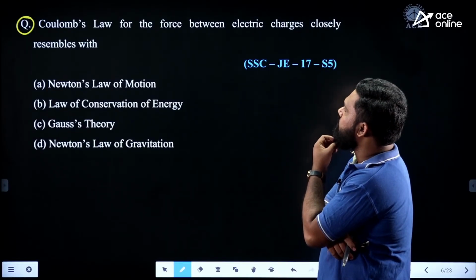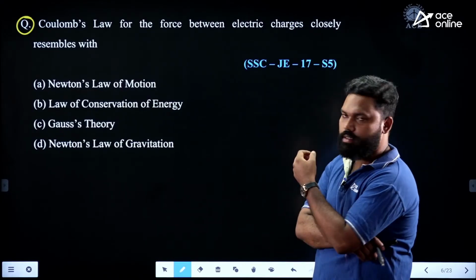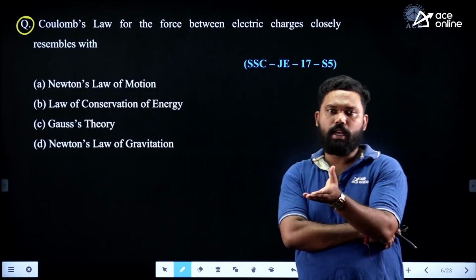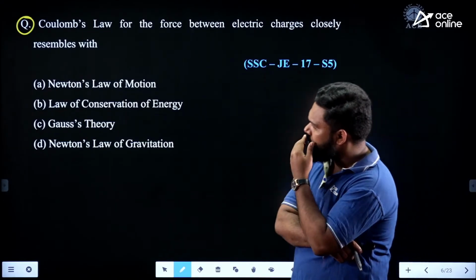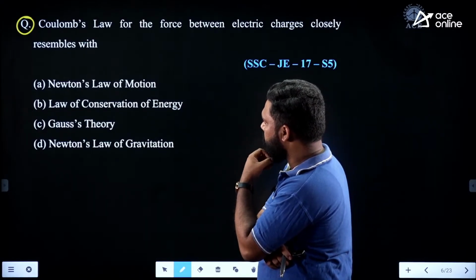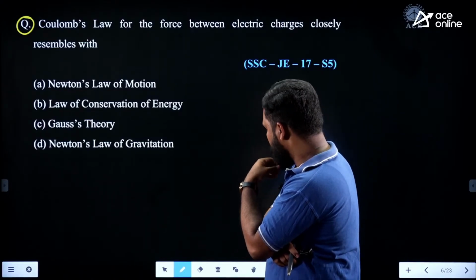Coulomb's law for the force between the electric charges closely resembles, or is something similar to, what? The options given are: Newton's law of motion, law of conservation of energy, Gauss theory, Newton's law of gravitation.